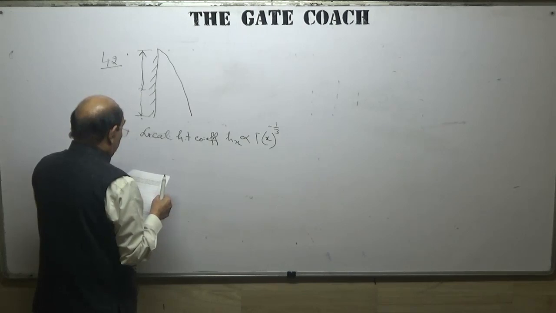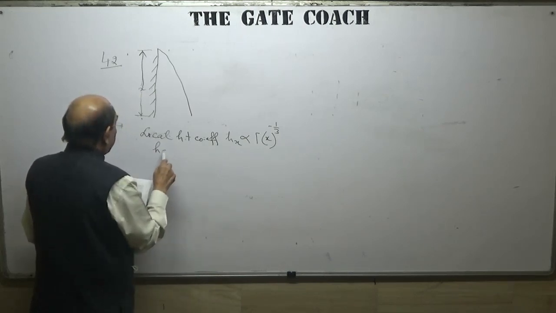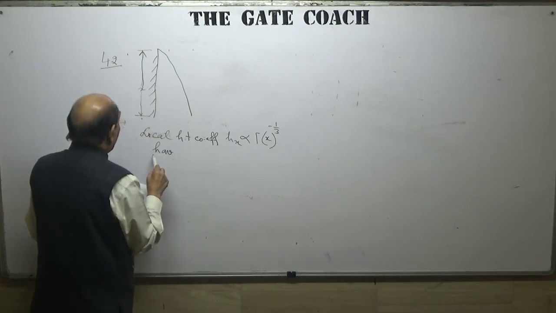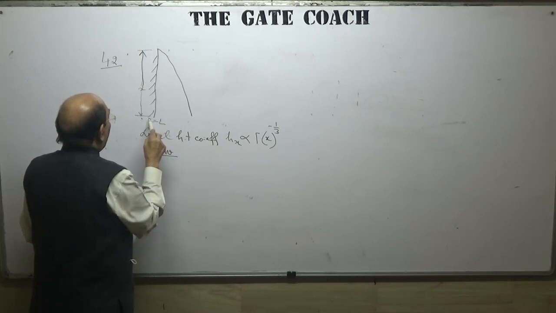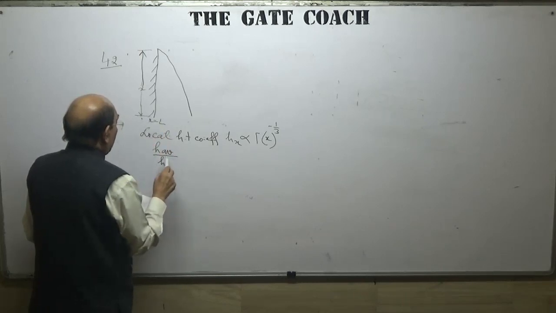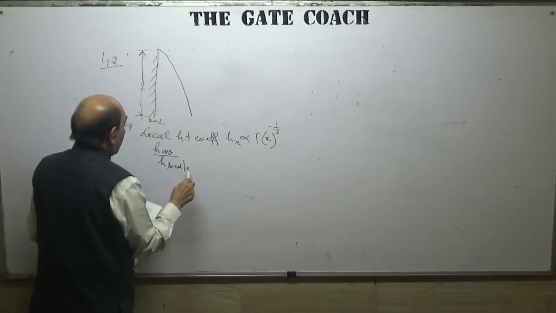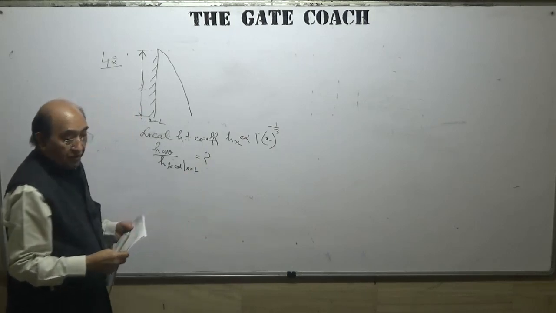The ratio of the average heat transfer coefficient H average to the heat transfer coefficient at the bottom of the plate, where x is equal to L. This ratio is to be determined.